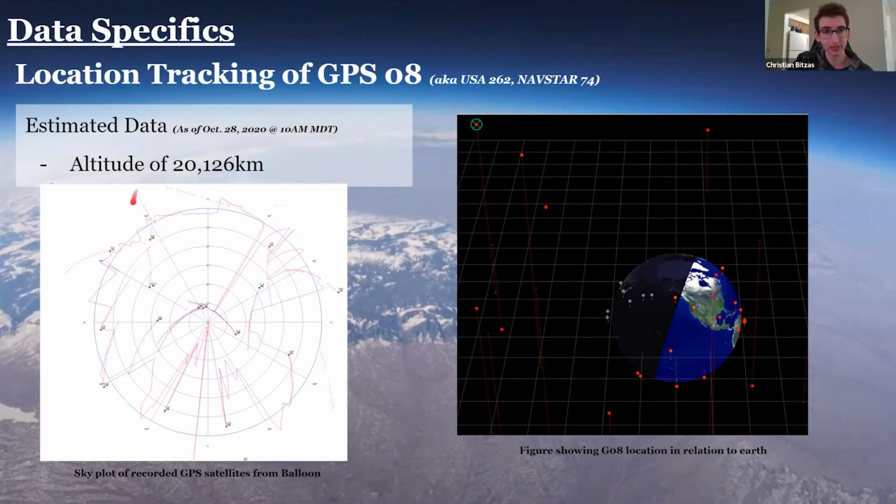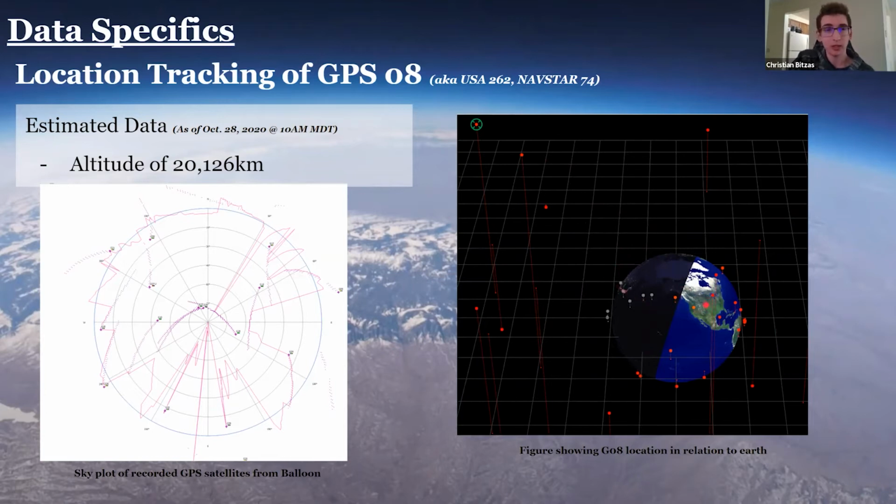You can see it right here on the sky plot on the left, about 333 degrees, or 330 degrees, from north. And on the right here, you can see a diagram of it in relation to Earth. You can see it was at about 20,000 kilometers in altitude, and about 330 degrees from north as well, from where we were, which was Buffalo, Wyoming.